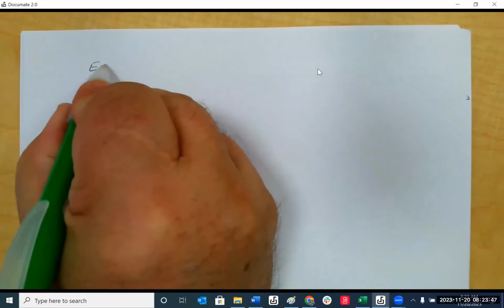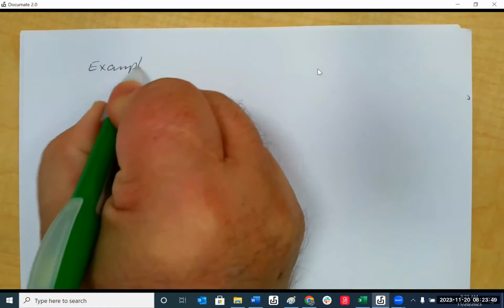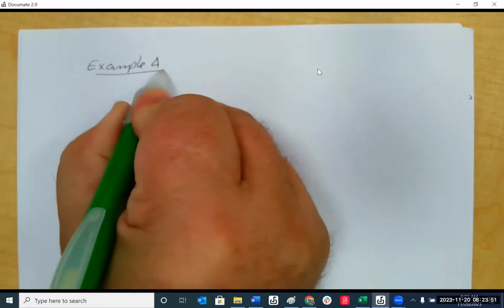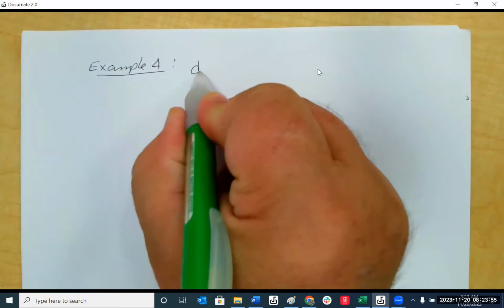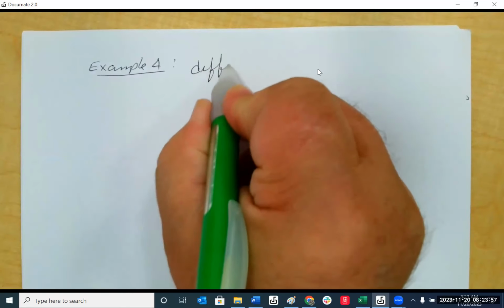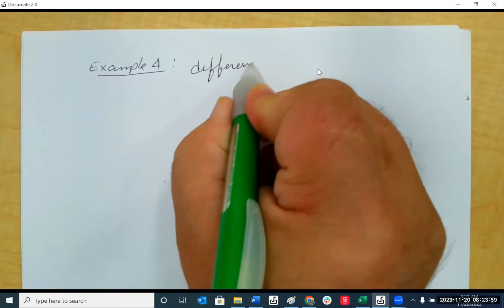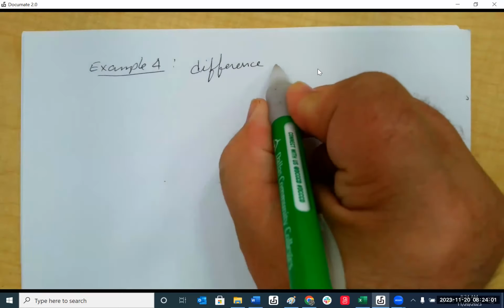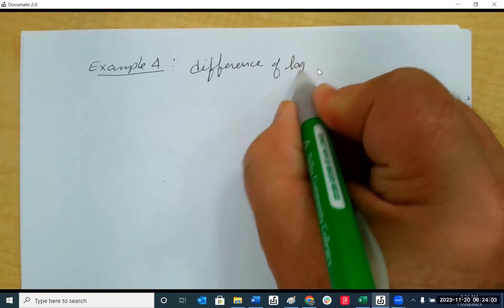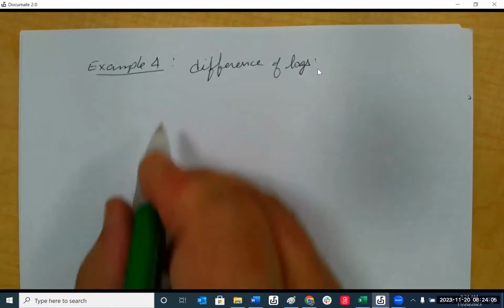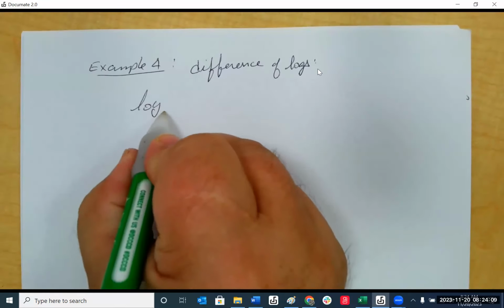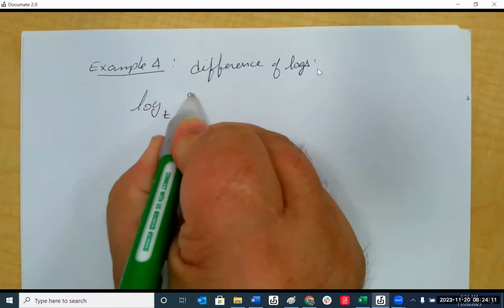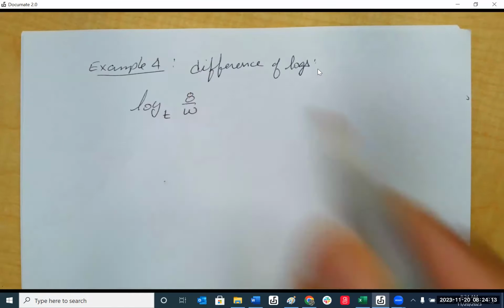Example 4. Express as the difference of logs. Log base t of 8 over w.